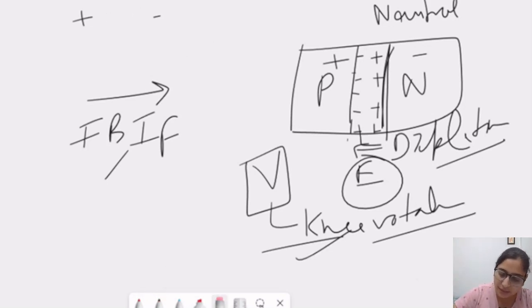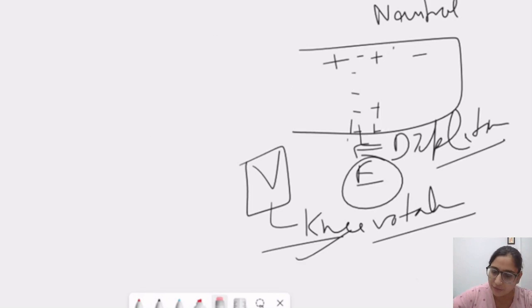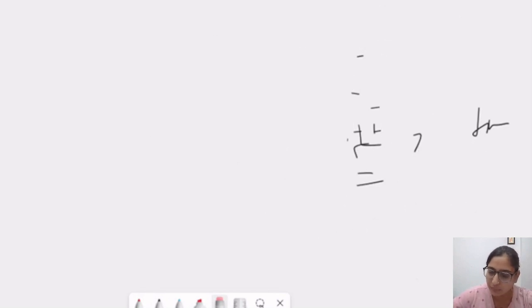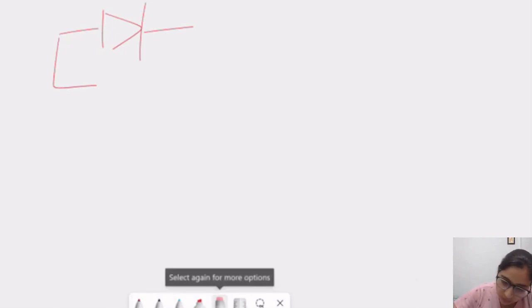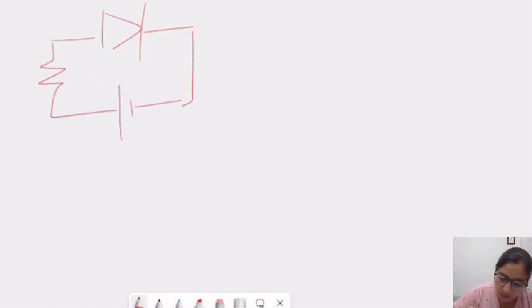Now let us consider the forward bias condition and the VI characteristics of practical PN junction diodes. In forward biasing, we connect the positive side of the battery to the positive terminal of the diode and the negative side of the battery to the negative terminal of the diode.